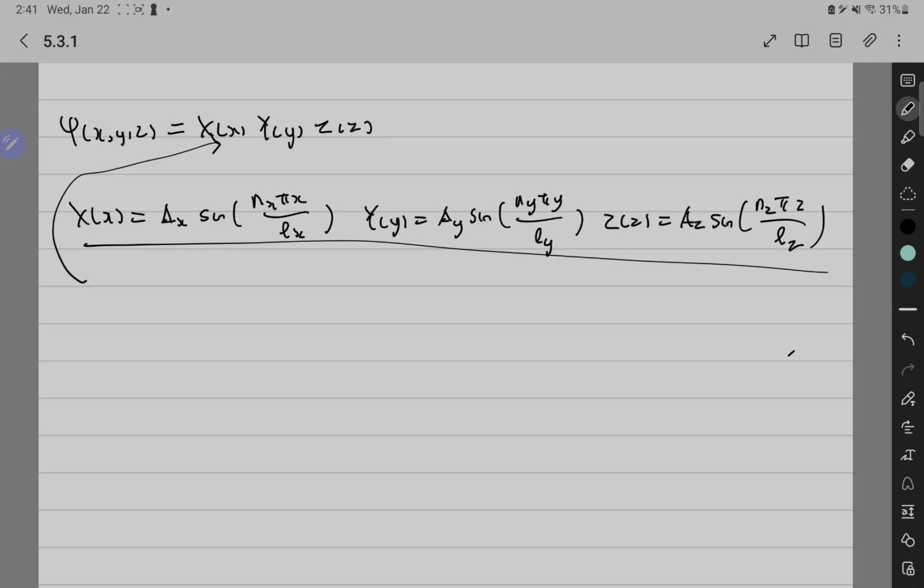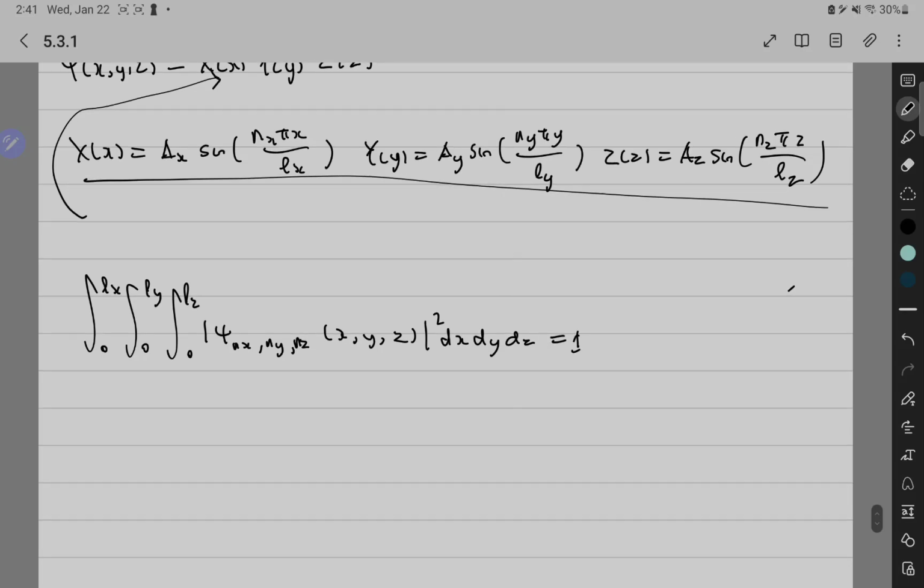The total probability of finding the particle inside the box must be 1. So our normalization is going to look like integration from 0 to lx, 0 to ly, 0 to lz, of psi of x, y, z squared. Don't forget the square. dx, dy, dz for our 3 different variables equal to 1.